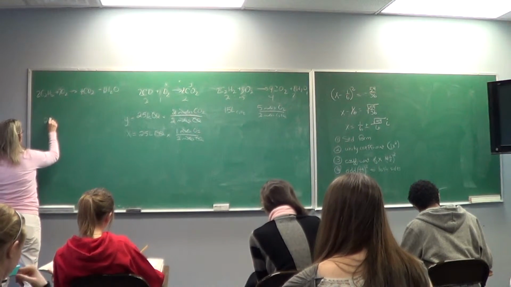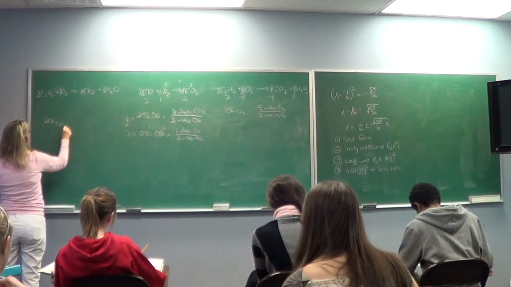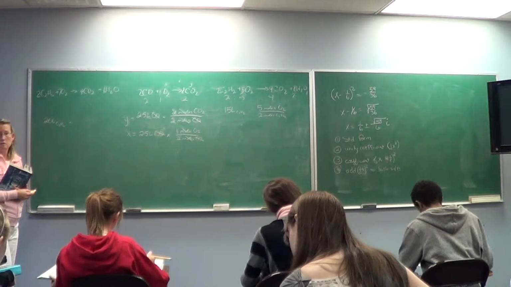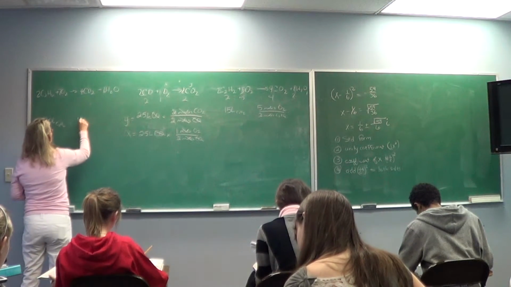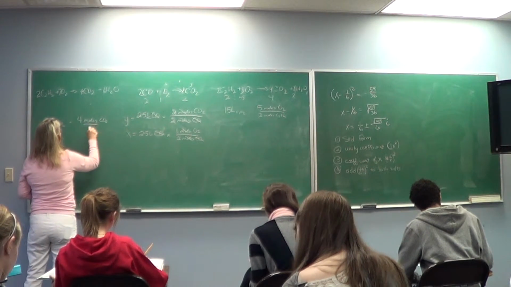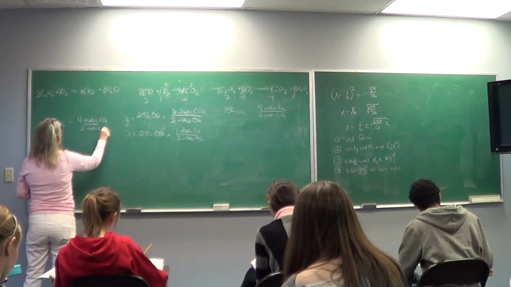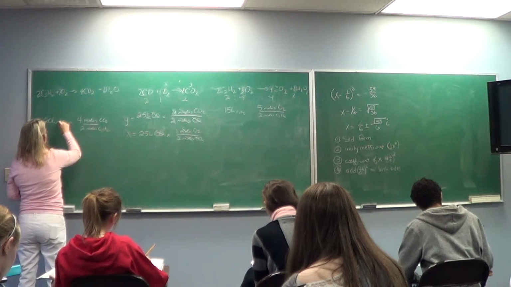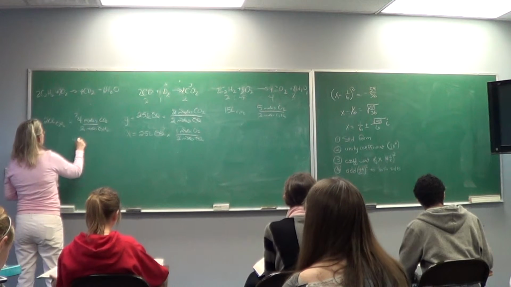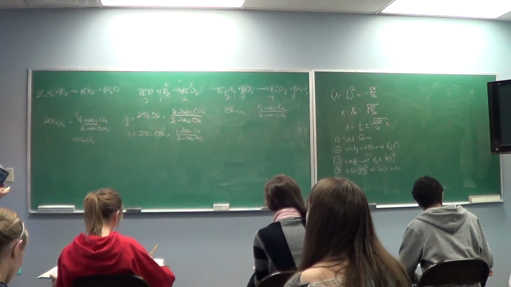Okay, 20 liters of C2H6, times 1 CO2 over 2 C2H6, 4 moles CO2 over 2 moles C2H6, cross out, liters CO2. Okay.